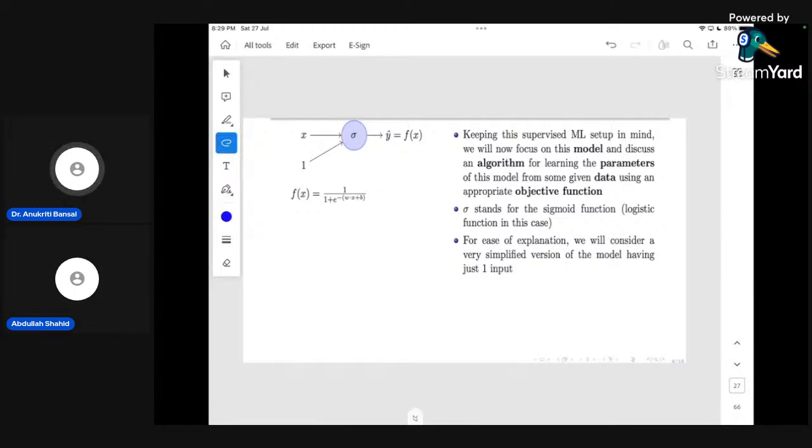Now, for the ease of explanation, I am considering that right now I have only one input and one output. Okay. That means I am only deciding whether I like or dislike a movie only on the basis of the actor. Okay.